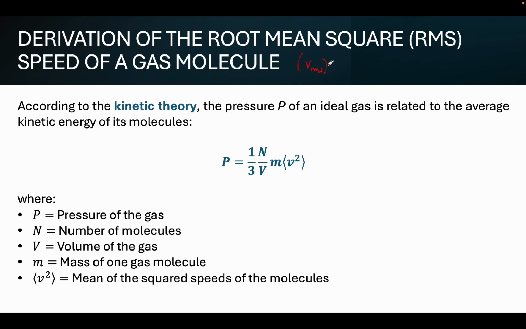Starting with the kinetic theory of gases, according to the kinetic theory, the pressure P of an ideal gas is related to the average kinetic energy of its molecules.